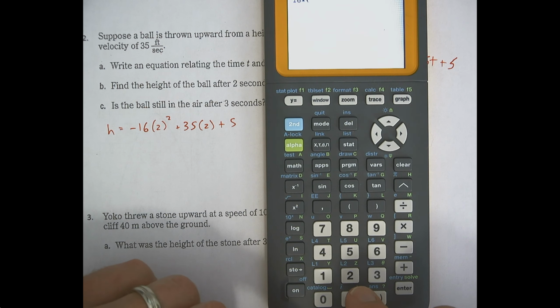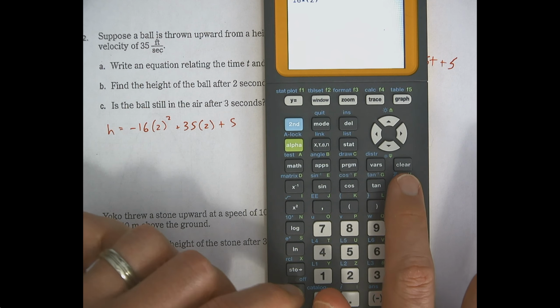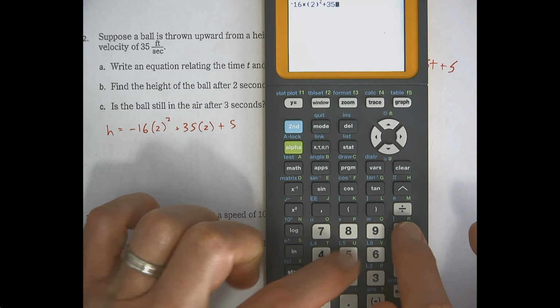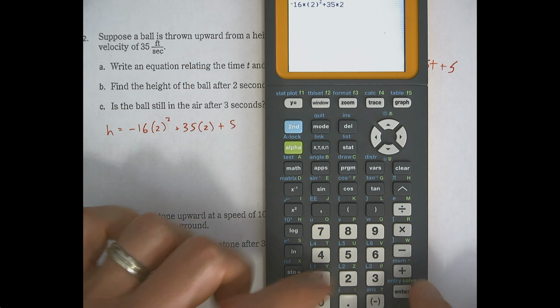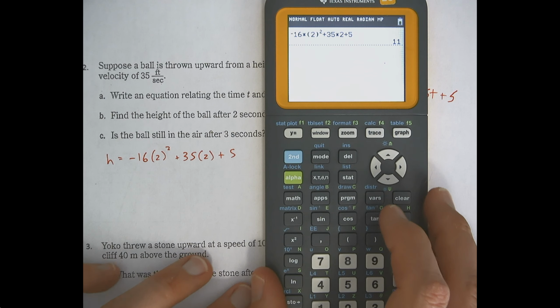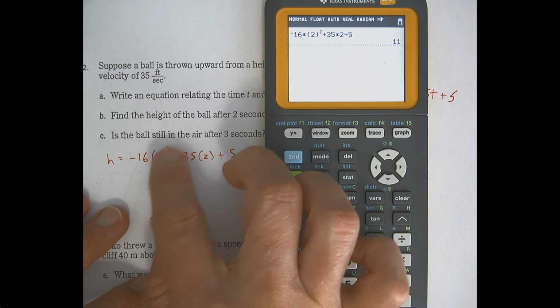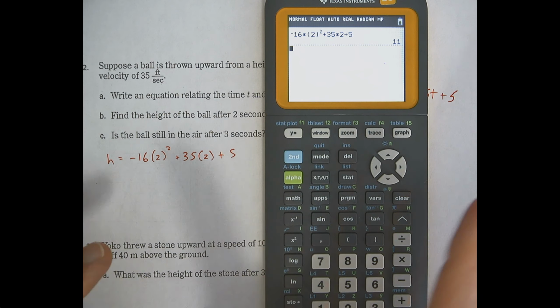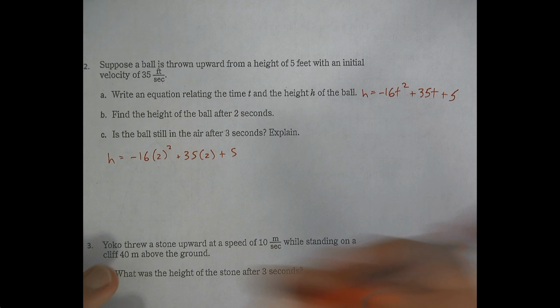Make sure that you put parentheses if you have a negative. So I actually don't need it here because it's positive 2. But it doesn't mean it's not a good thing to still do. And I get 11. Okay, and you can do that one at a time. 2 squared is 4 times this. 2 times 35 is 70, and then add it all up. And you're going to get 11, but you can plug it all in the calculator too.